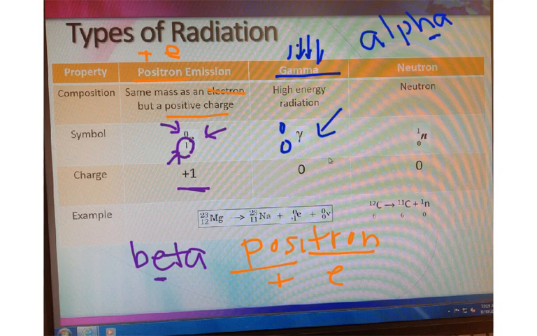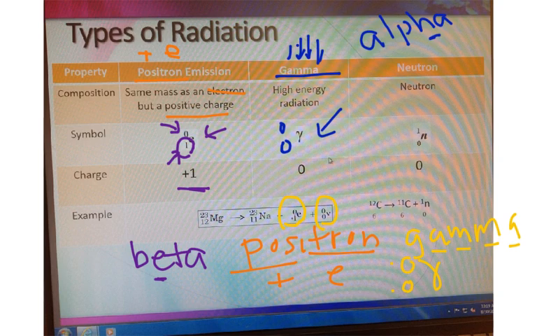And gamma is A, A, M, so it's O, meaning 0 mass, 0 charge, and it's this kind of upside down fish type of thing. When you're trying to identify it in a formula, you once again can look for a beta particle, or this would not be a beta, that would be a positron, and then you also see that gamma right there.